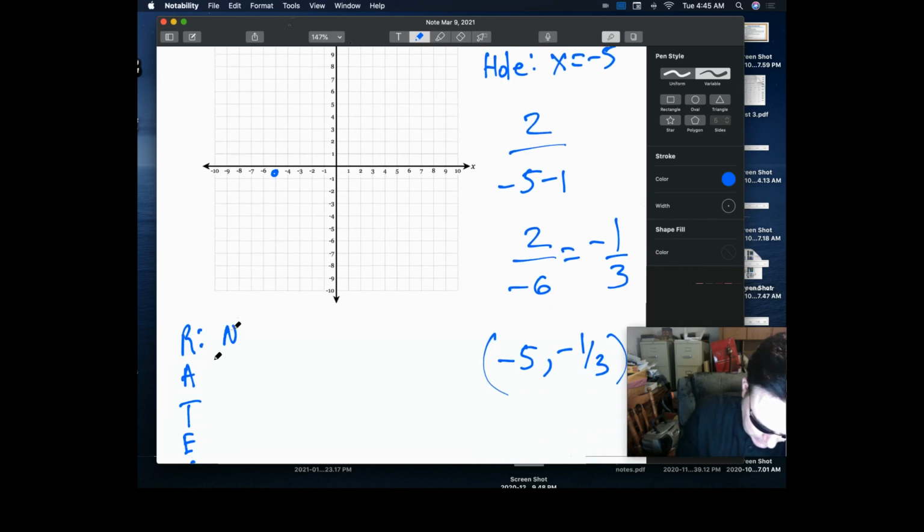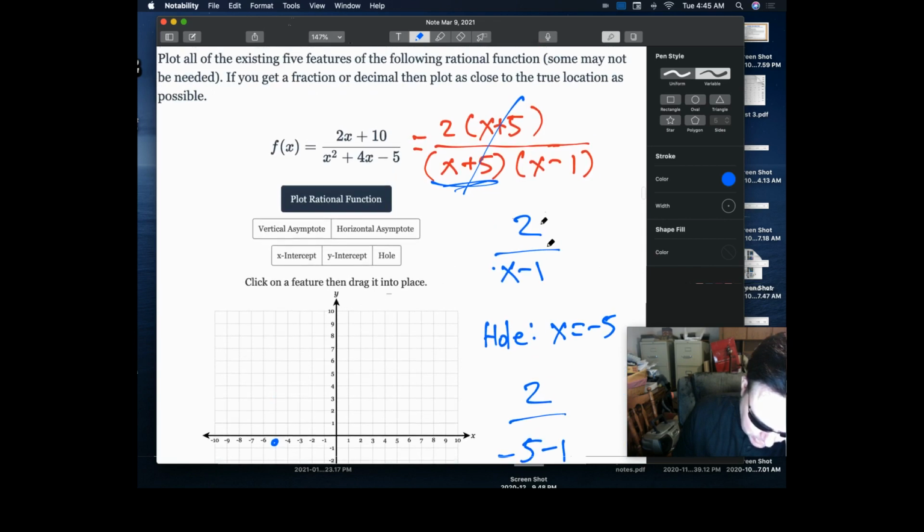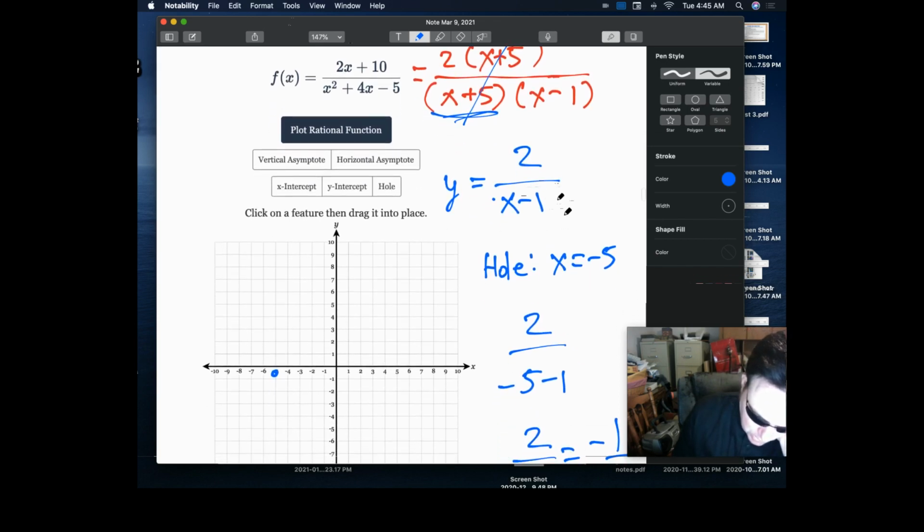This is NA. Depending upon how you're thinking about this, you're left with this function. Rational functions, the parent function of a rational function, looks like this. So you know that this goes to 1.